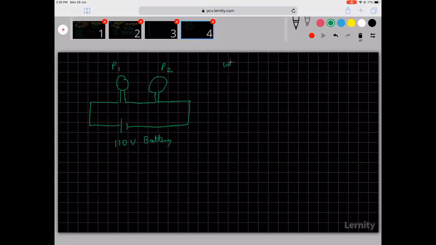The question is, what is the ratio of power from each? What is the ratio of power from each? Here, P1 is given, P2 is given.